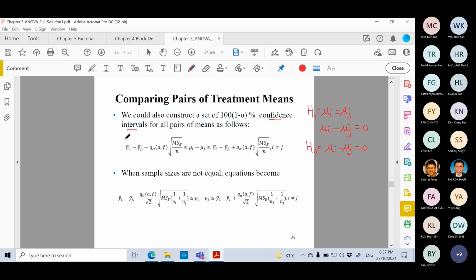So the confidence interval helps you know whether to reject or not reject the null hypothesis.